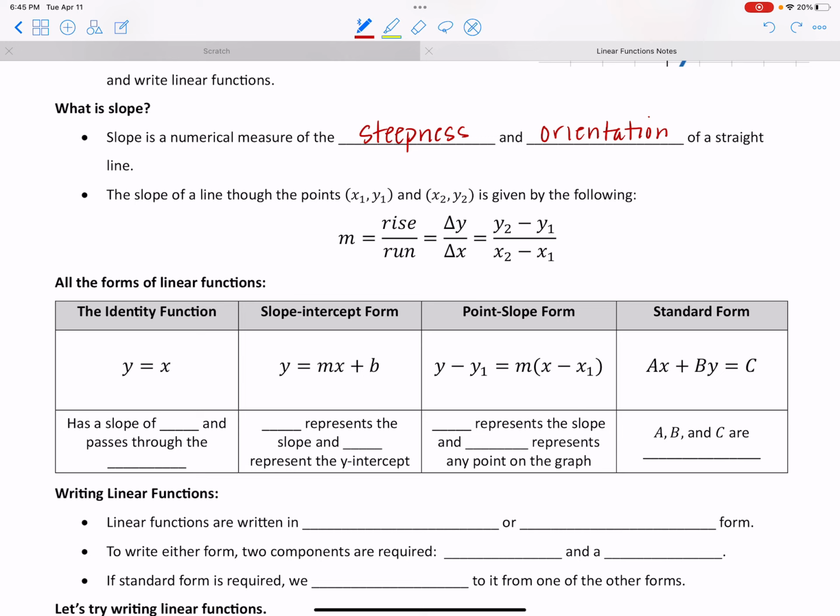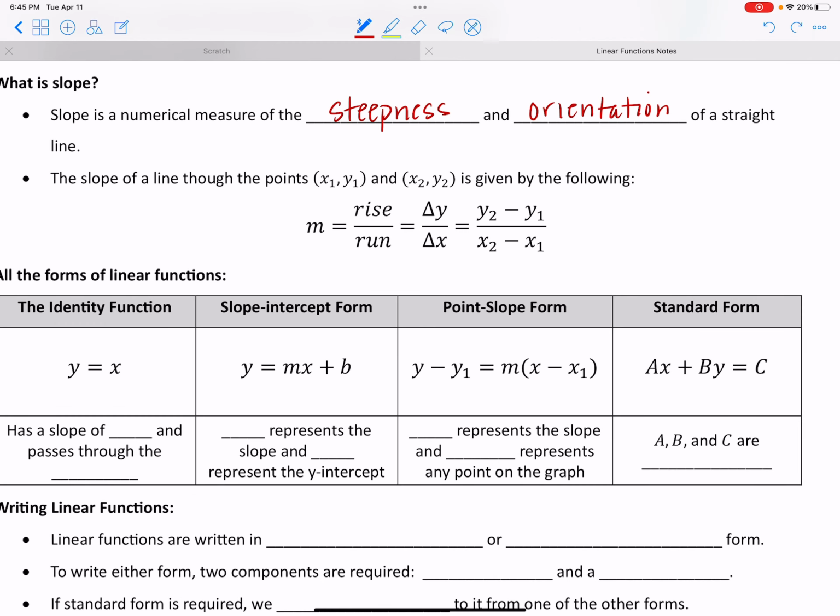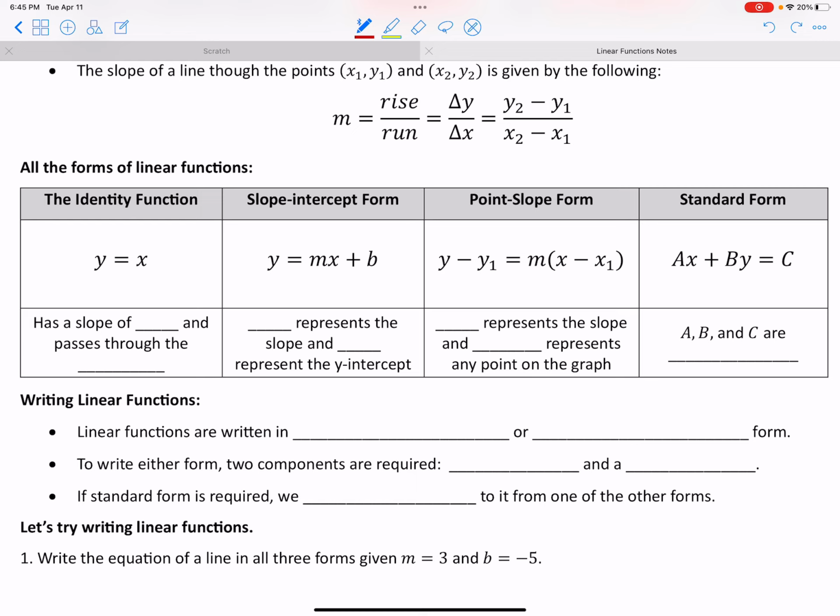Now if I didn't want to count between the points, I can also find that change in y by subtracting the y values, and I can also find that change in x by subtracting the x values in any 2 points. I defined those up here, but hopefully this is all stuff that seems familiar. Now I put in the next box here all the different forms of linear functions.